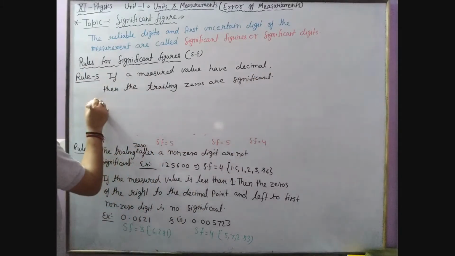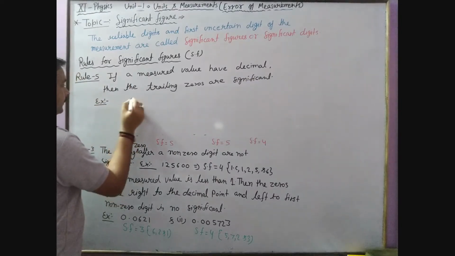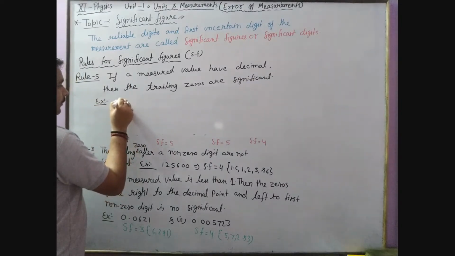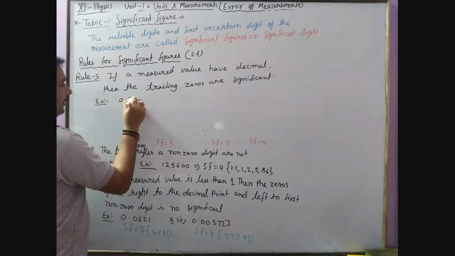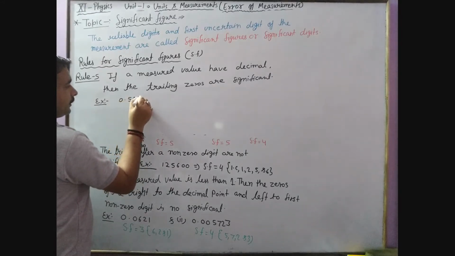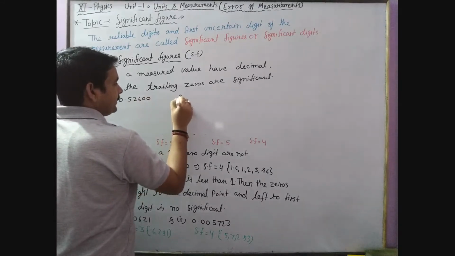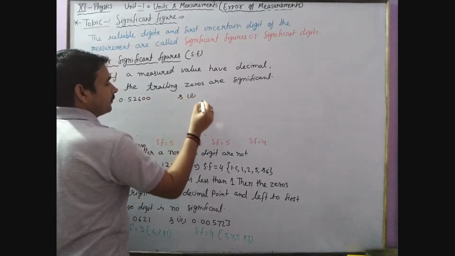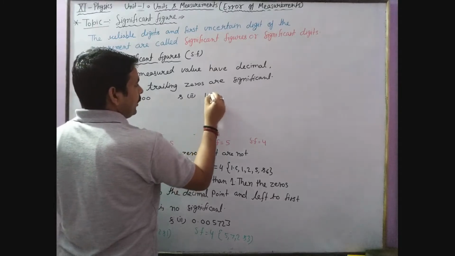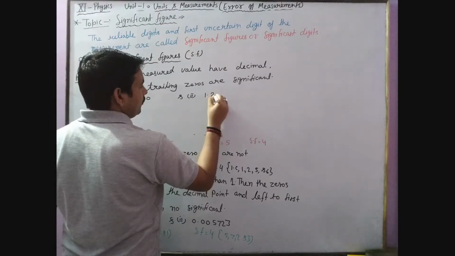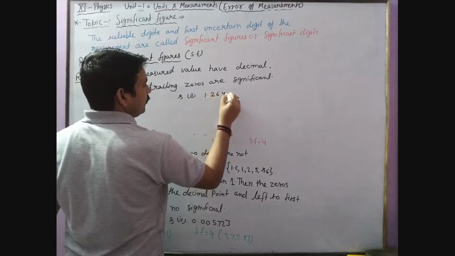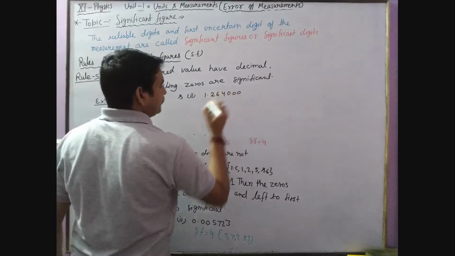For example, suppose we have 0.52600, and in the second example 1.264000.